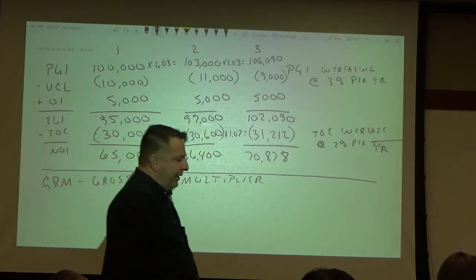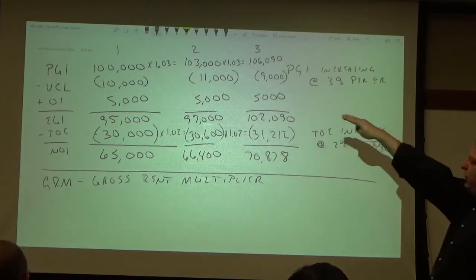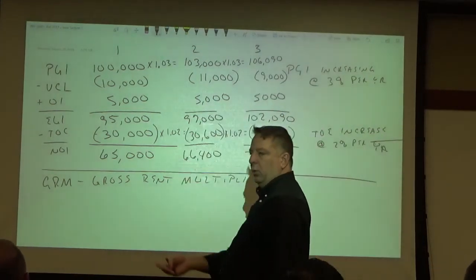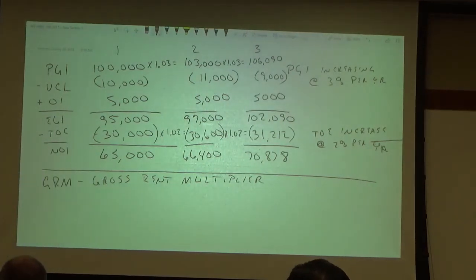This is a very, very rough measure of trying to compare properties, and very seldom do I even see this used because it's almost so rough, it's almost pointless. But what it uses is your potential gross income relative to the actual value of the property.